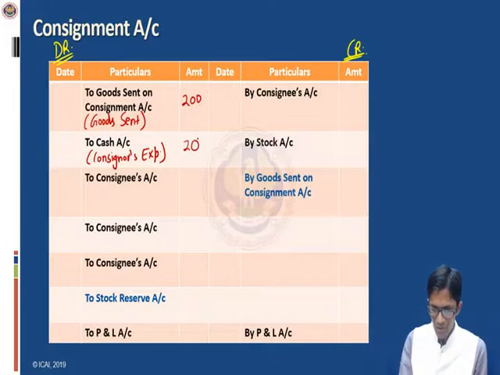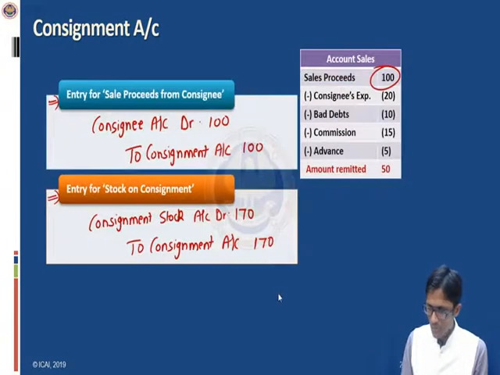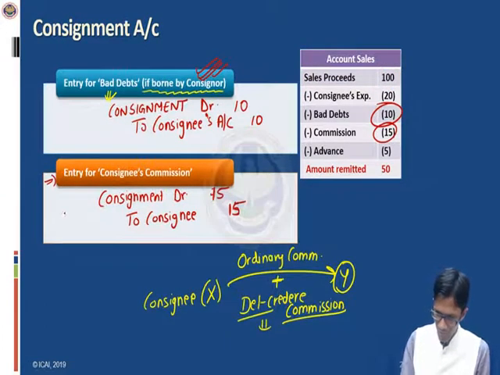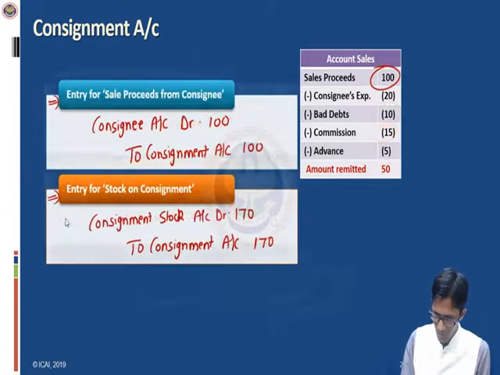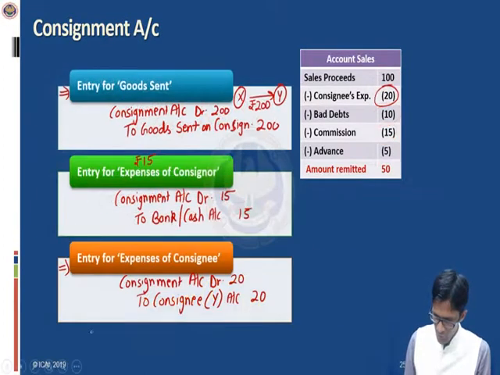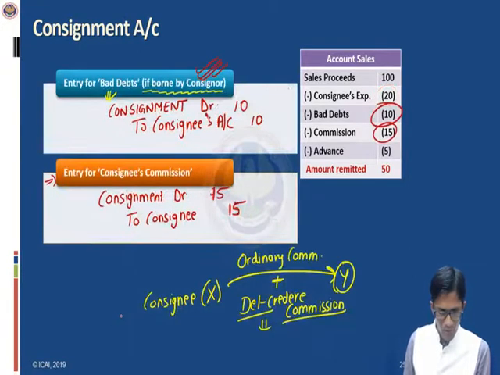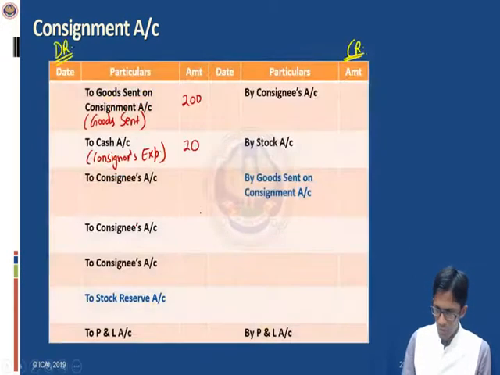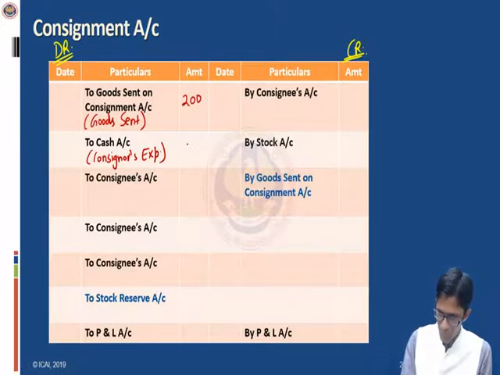Let me confirm it. No, it was something else. It was actually, as we can see here, rupees 15. So what amount should I write here? Then I should write here 15.